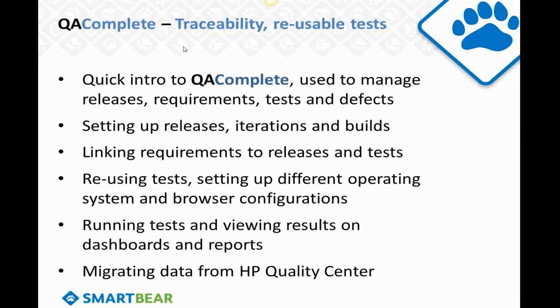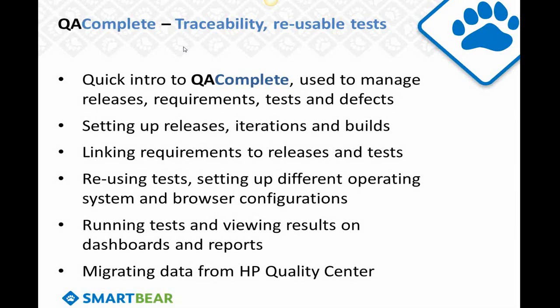First of all, it's probably interesting to understand what QAComplete is. It's a tool to help you manage your software lifecycle. So everything from a list of requirements that you're delivering for a release. It allows you to create manual tests that you want to run through for each one of your requirements on a release.